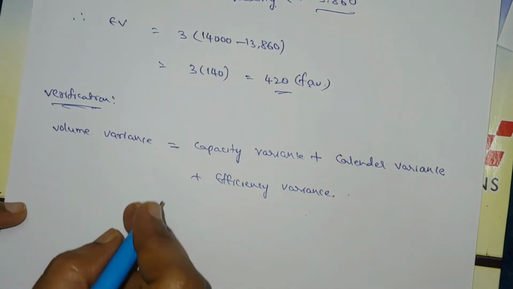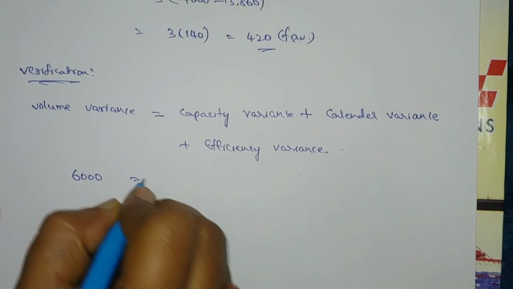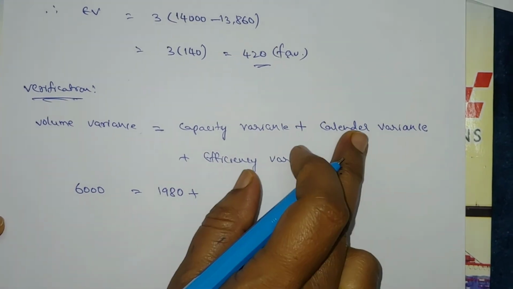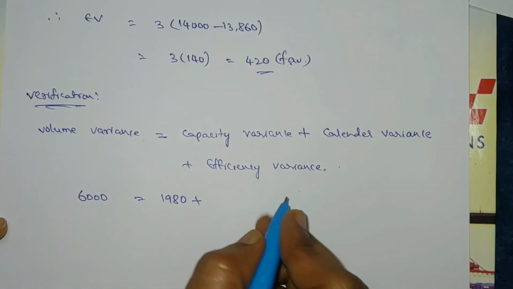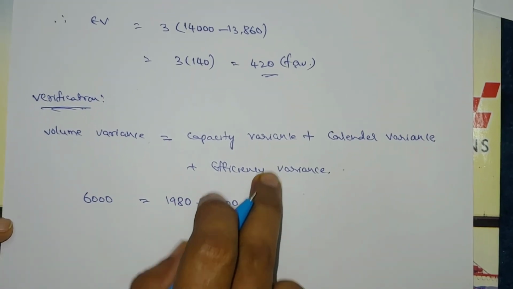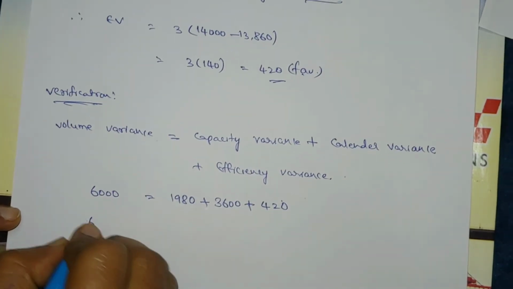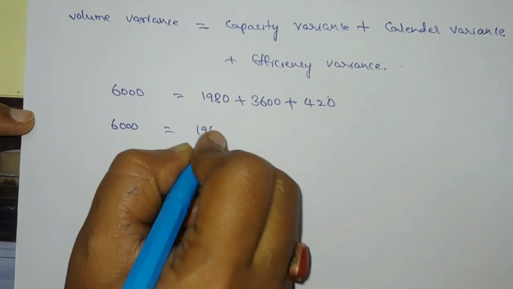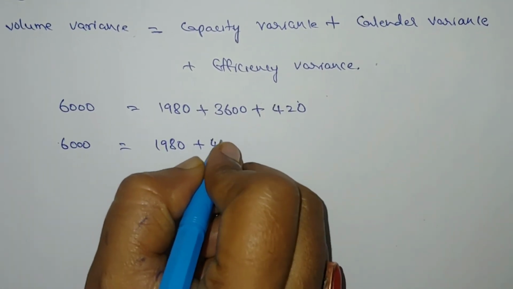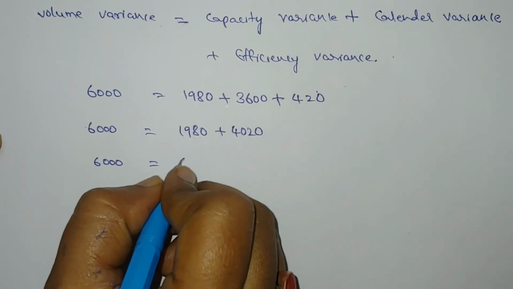In this, volume variance is equal to 6,000, capacity variance is equal to 1980 plus calendar variance is equal to 3,600 plus efficiency variance is equal to 420. 6,000 is equal to 1980 plus 3,600 plus 420, which is 4,020. 6,000 is equal to 1980 plus 4,020 is equal to 6,000.